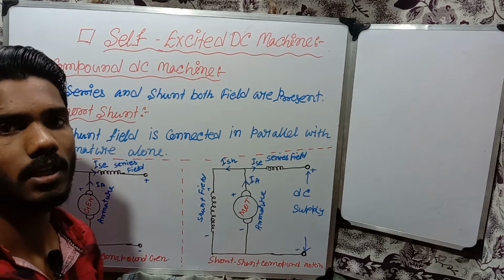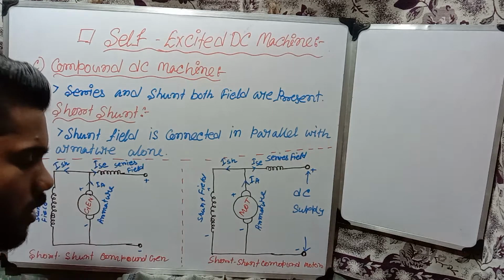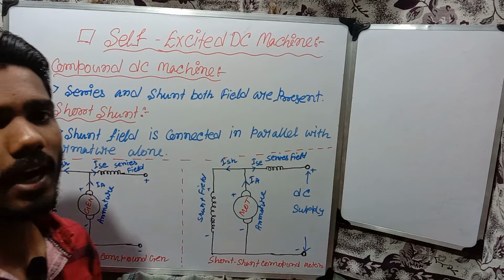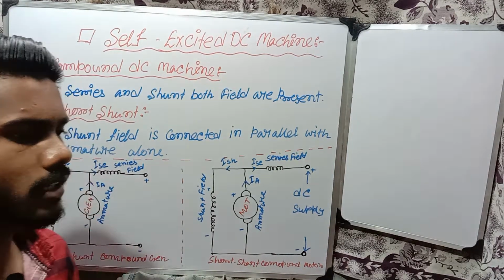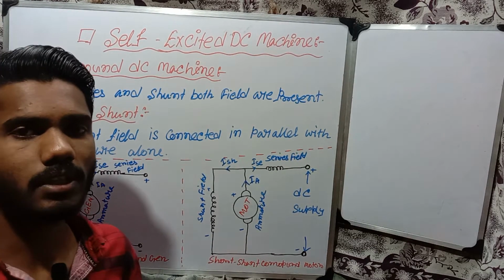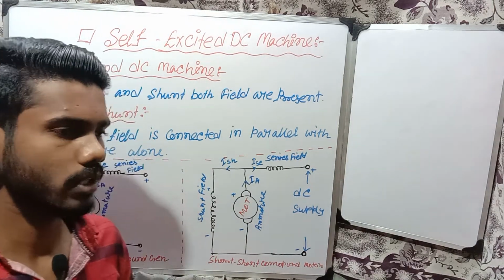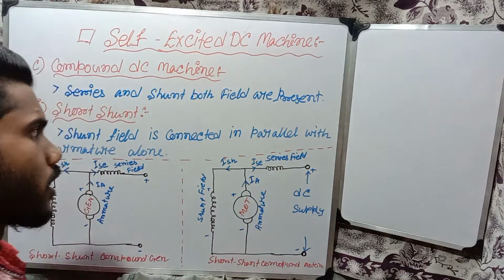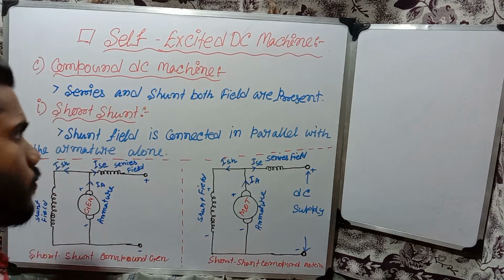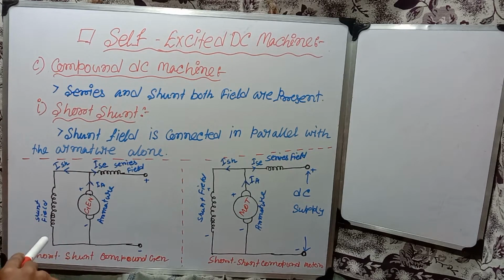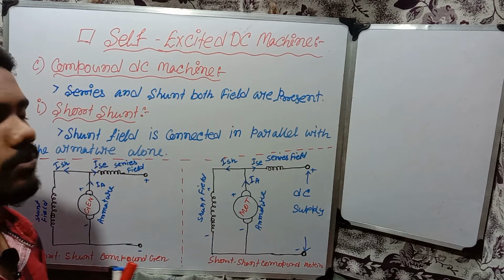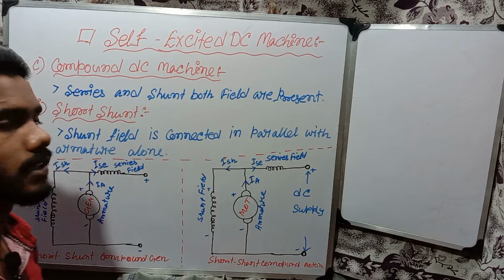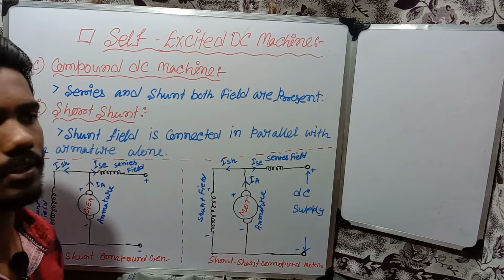So what is a short shunt compound DC machine? In a DC machine, if only the shunt field is connected in parallel with the armature, then we call this machine a short shunt compound DC machine. So short shunt DC machine means only the shunt field is connected in parallel with the armature.